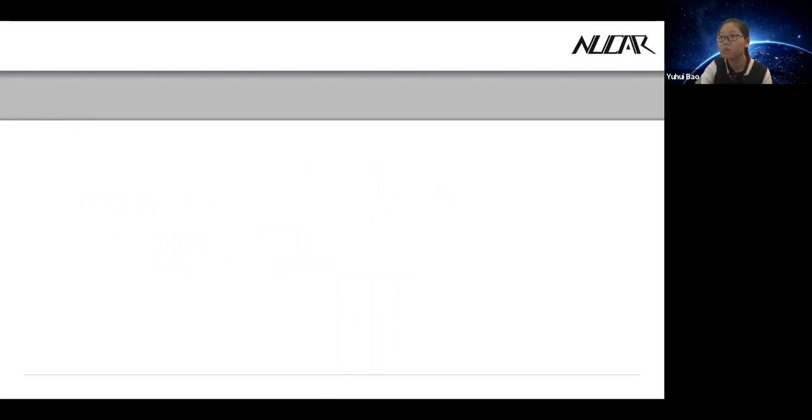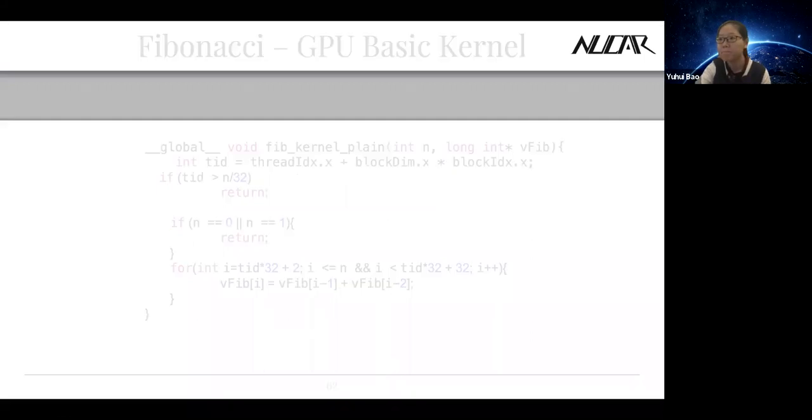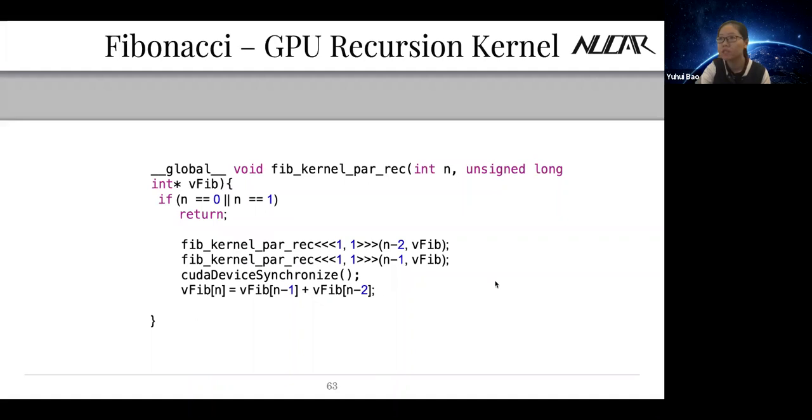This is the kernel for the GPU implementation without dynamic parallelism. This is with dynamic parallelism. This is probably not a good implementation with dynamic parallelism because inside the kernel it launches another kernel but with only one thread.